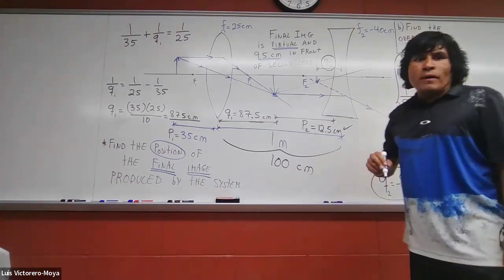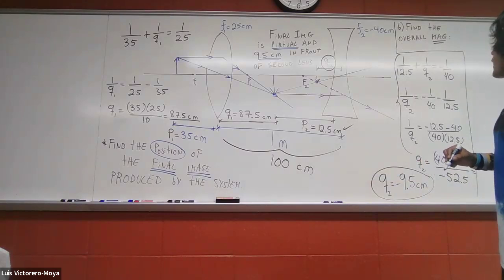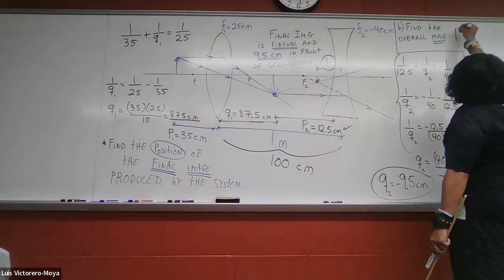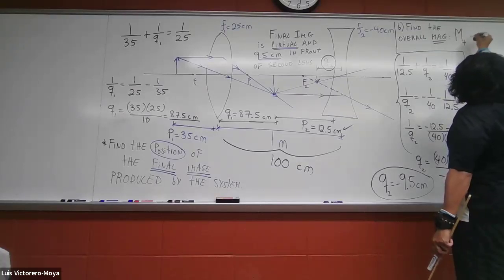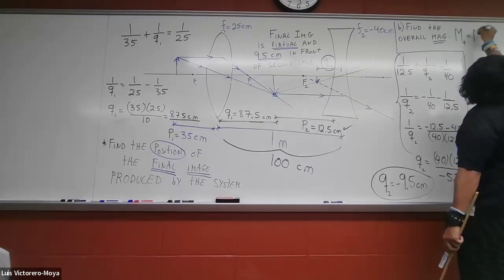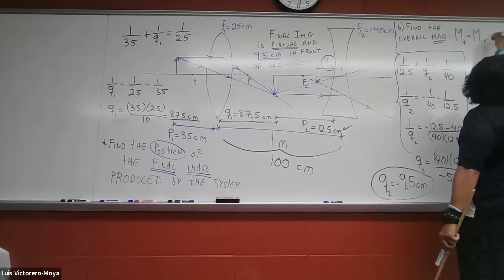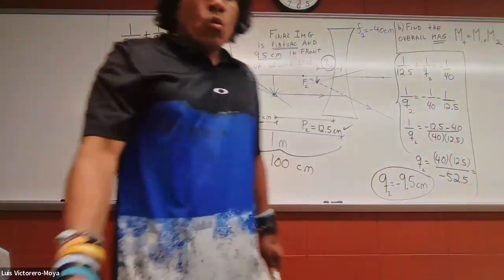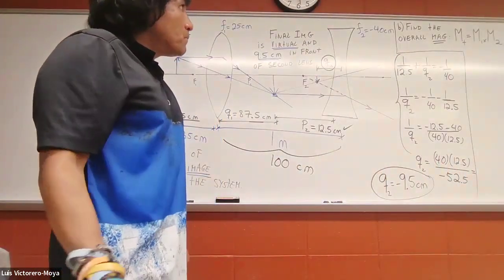The thing about the overall magnification is that you have two lenses. So the total magnification is the magnification due to one lens times the magnification due to the second lens. That is what you have to do.